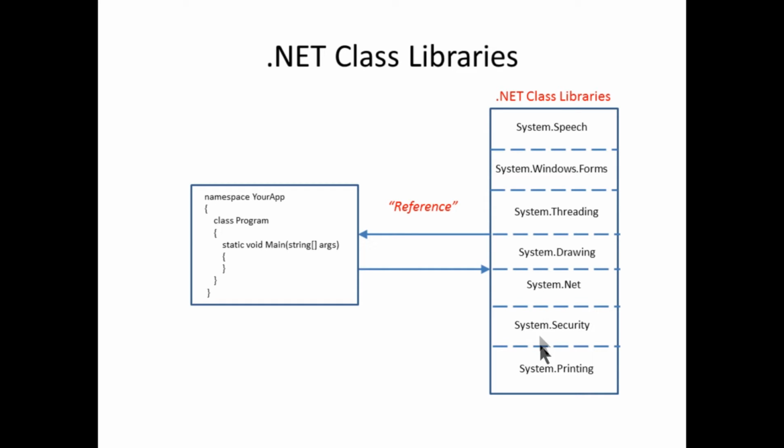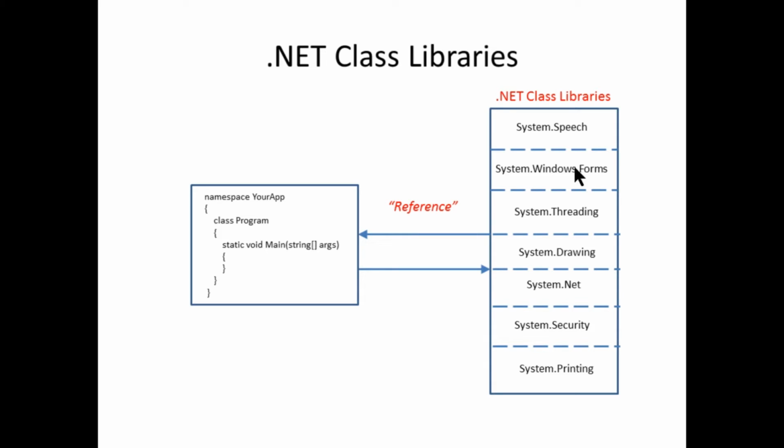Very similar to books in a library, there are these classes, and in the .NET library, just some of the classes I've noted here, but there are many, many more. There's the System.Speech class, which has speech synthesis functions and speech recognition that you can access, you can refer to. That's pre-built functionality. They're just sitting in these libraries on your computer.